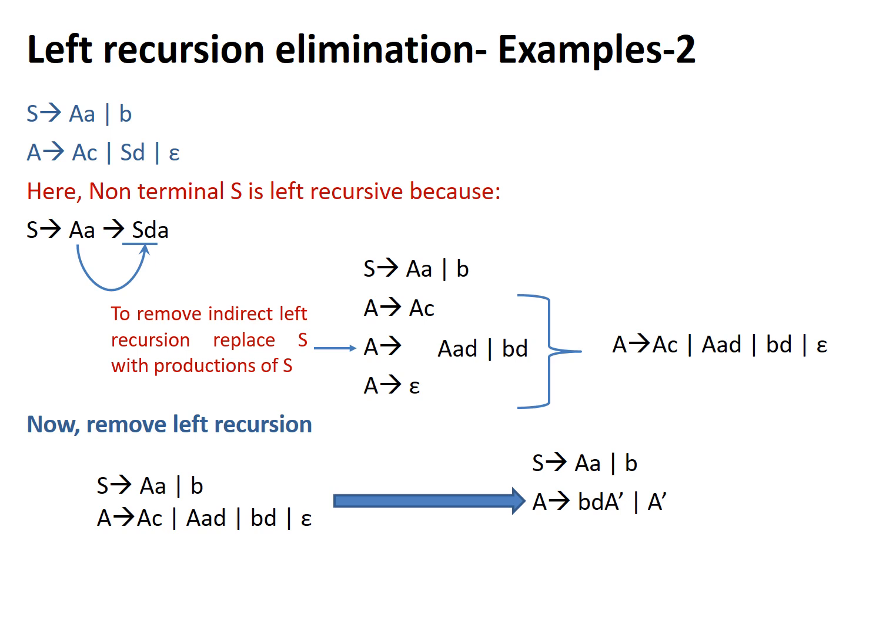So A gives BD A dash, and beta 2 is epsilon; if you write epsilon here, it is understood. Then A dash: alpha 1 is C and alpha 2 is AD, so A dash gives C A dash or AD A dash or epsilon. So this will be the answer after eliminating the left recursion of example 2.